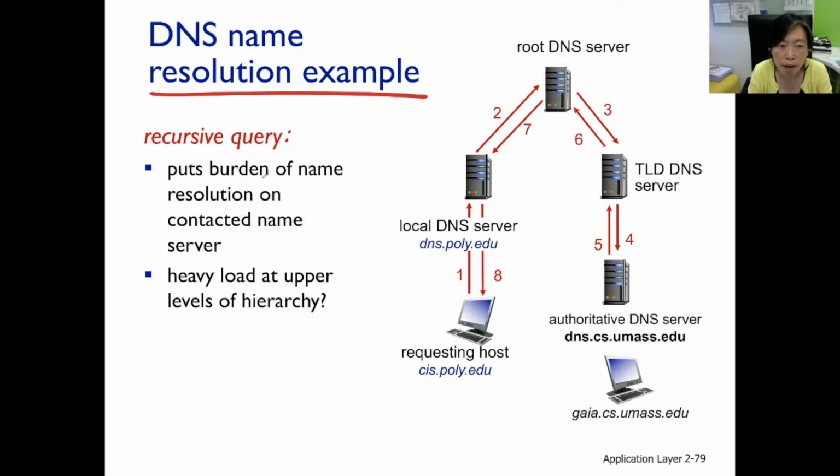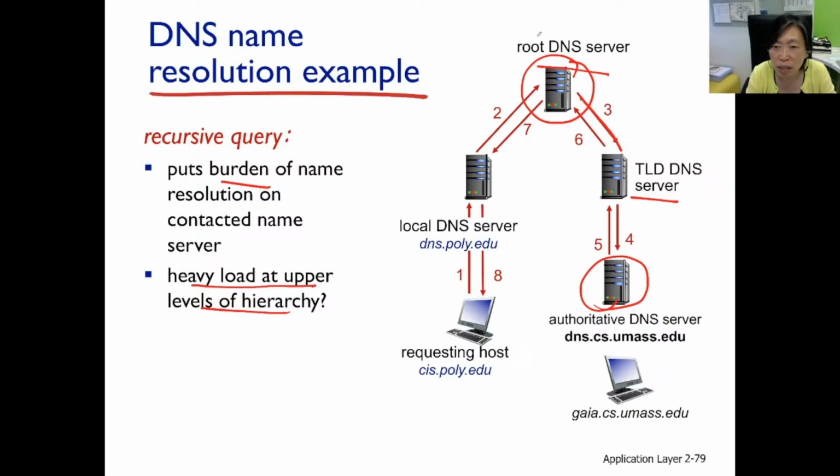Yeah, so this way of querying puts a burden on name servers that are high up in the hierarchy. There's going to be a lot of queries coming to the root, and a lot of queries coming from the root to the TLD, although the load on the authoritative DNS server remains the same, right? So heavy load at the upper levels of the hierarchy, not good.